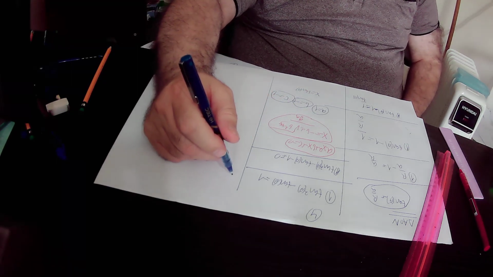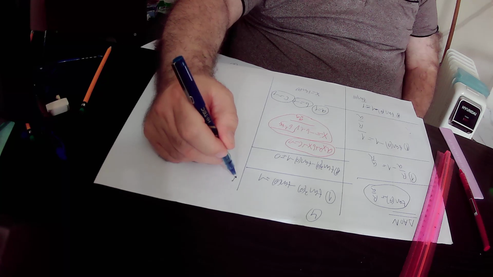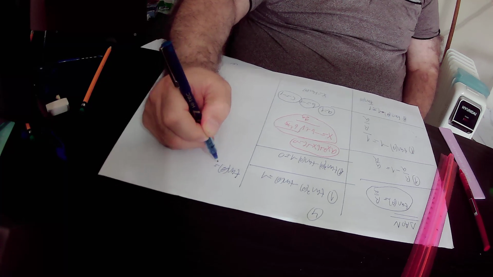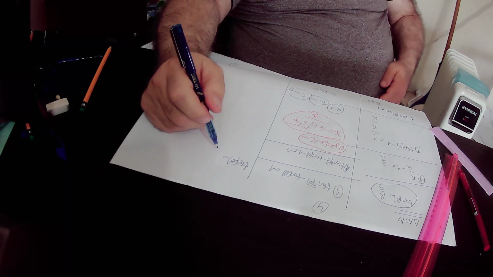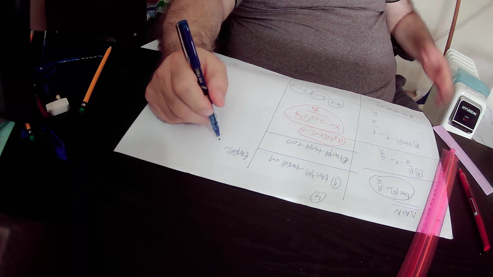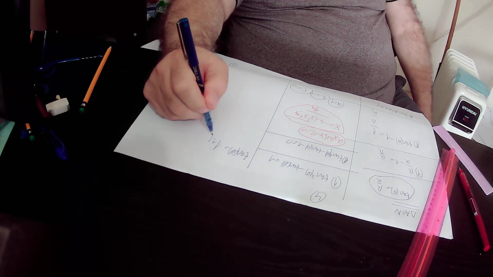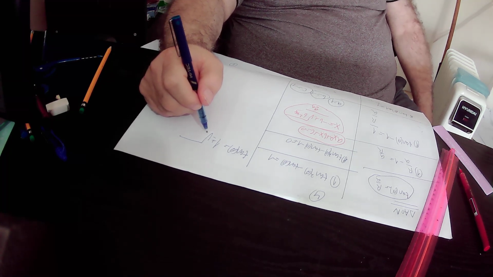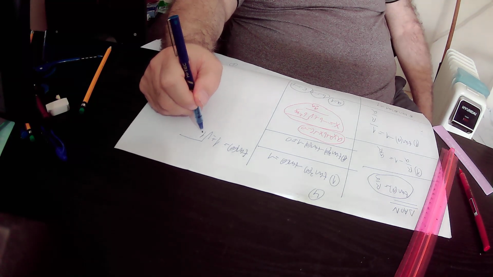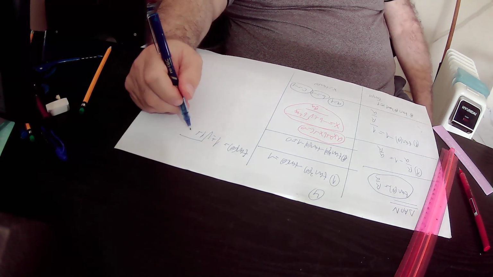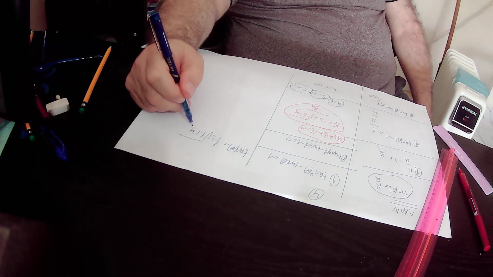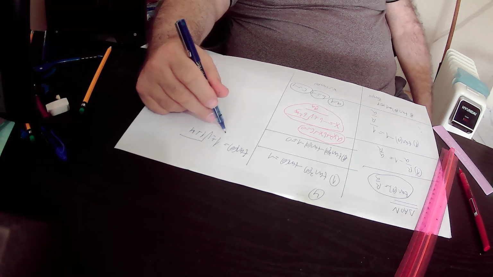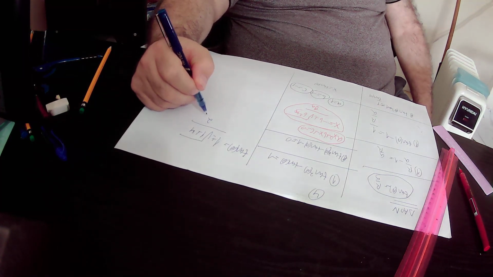Because if x equals tangent theta, then x will be equal to minus b. B is equal to minus 1, so minus b is plus 1, plus minus square root of b squared. B is minus 1, so b squared is 1, plus 4 times a, which is 1, times c, which is minus 1, so minus 1 times minus 4 is 4, over 2a, which is 2.